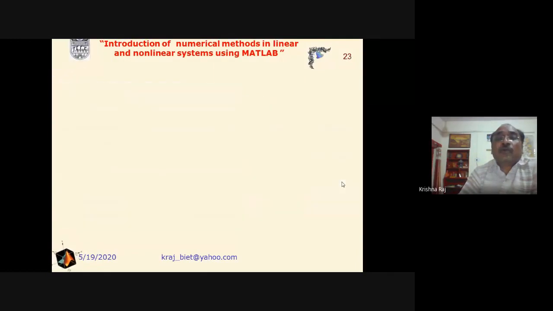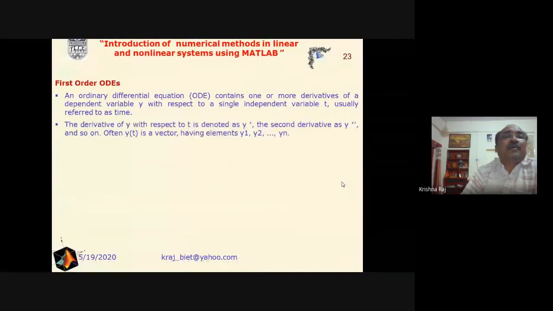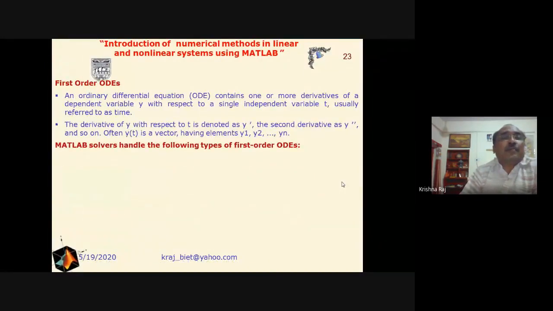Now, first order or second order ordinary differential equations may be considered here for different purposes.